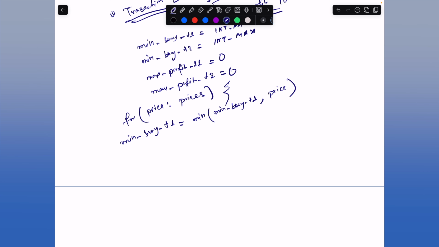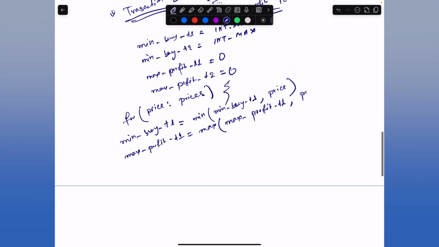Now what will be the maximum profit? Same thing as whatever we did in the buy and sell stock 1 problem. Maximum profit T1 is the maximum of profit T1 and the current day price minus the buy price we stored, so minimum buy T1.